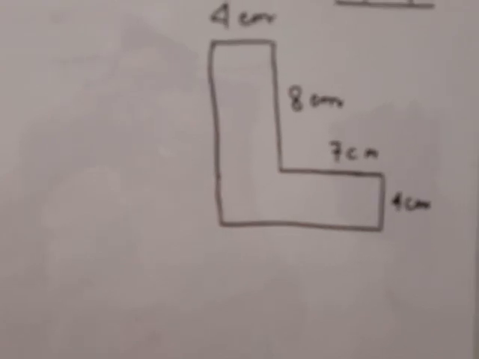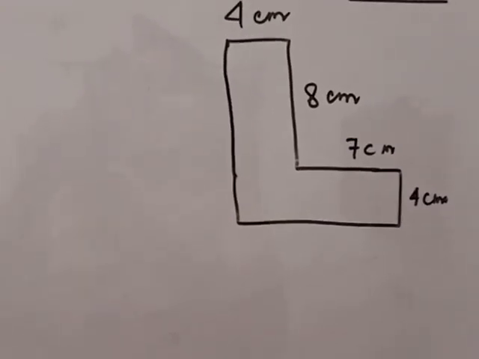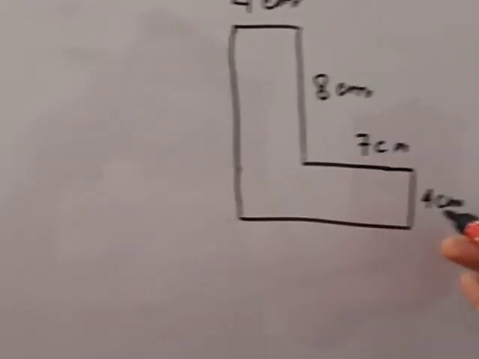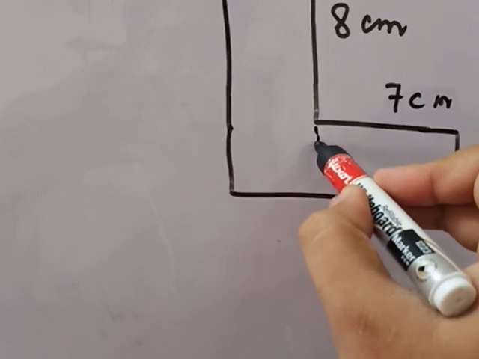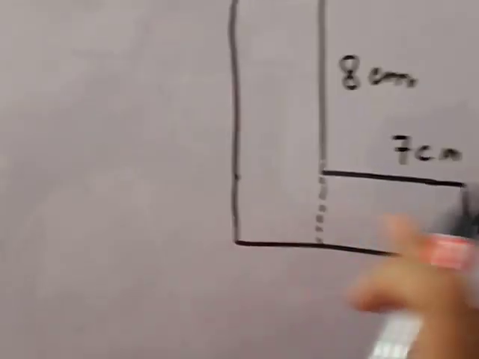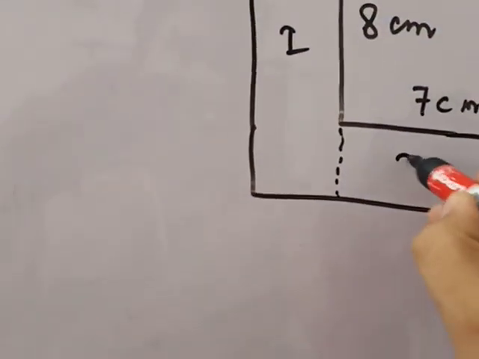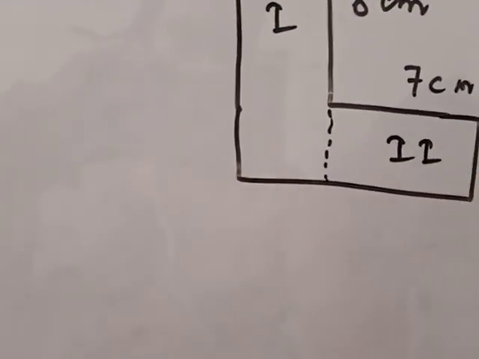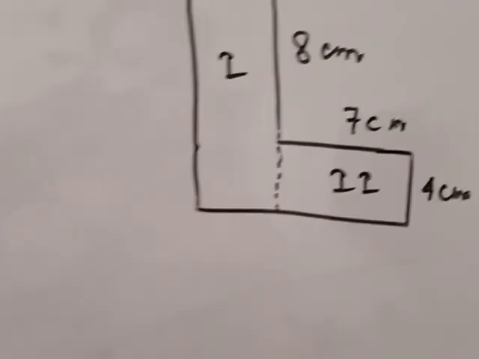Now as per the figure given, we divide it into two parts, and this is one rectangle and this is also one rectangle. I am calling this figure 1 and this is figure 2. Now you have to find the area of figure 1 and the area of figure 2.